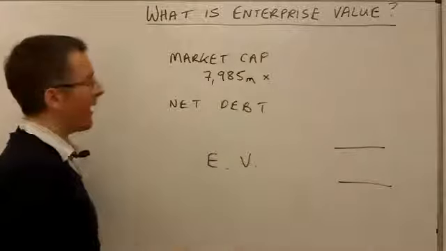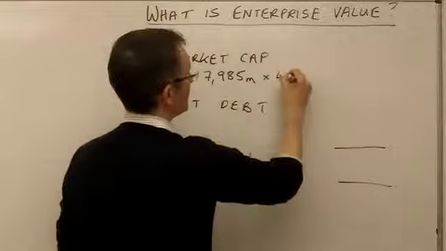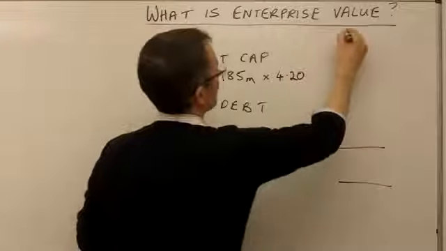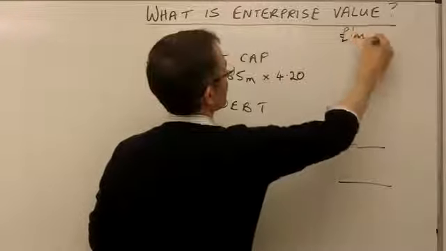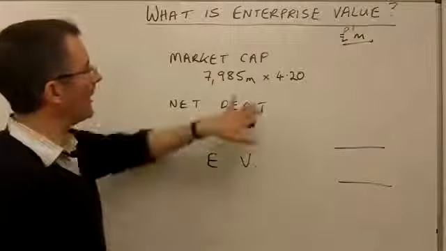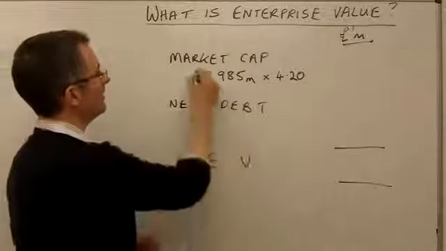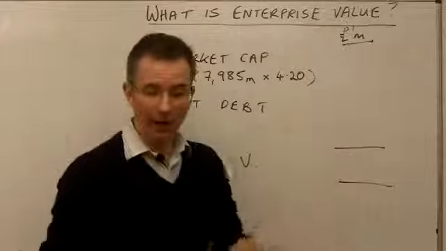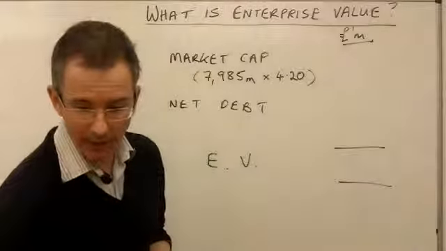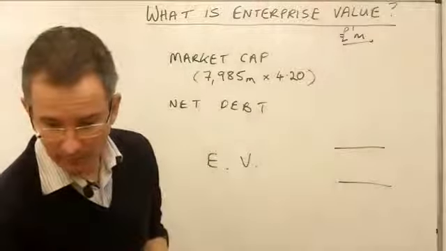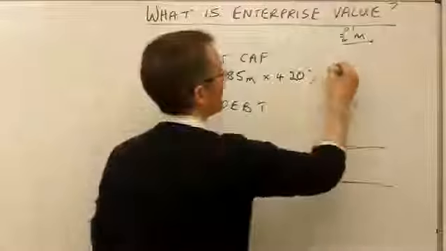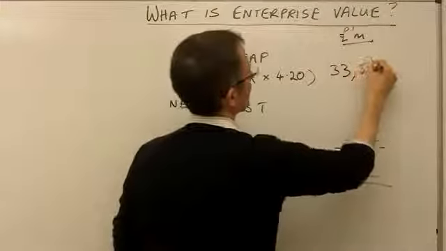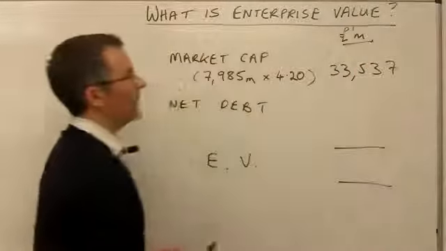The share price then was £4.20. And therefore the market capitalization at February 2010 for Tesco was a fairly chunky 33,537, all in millions.